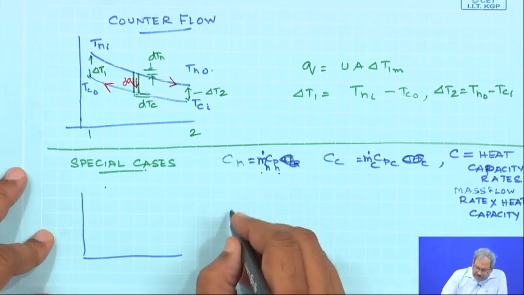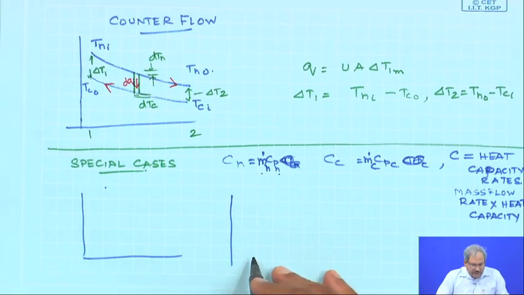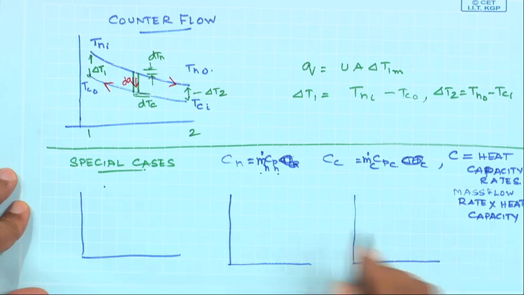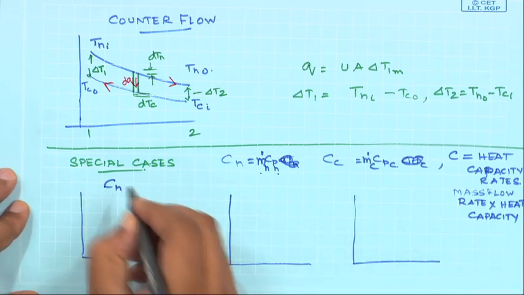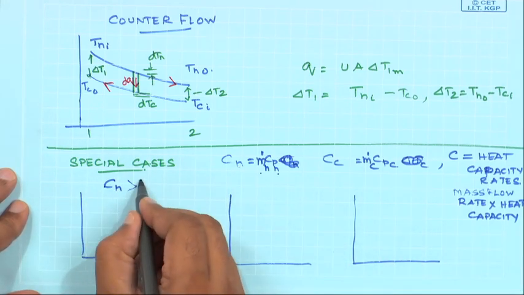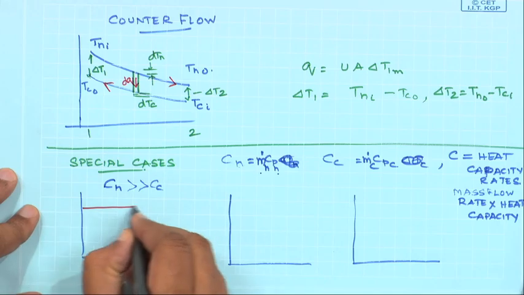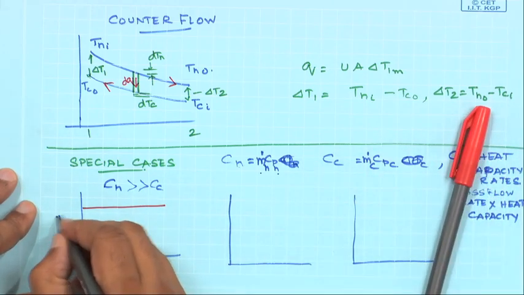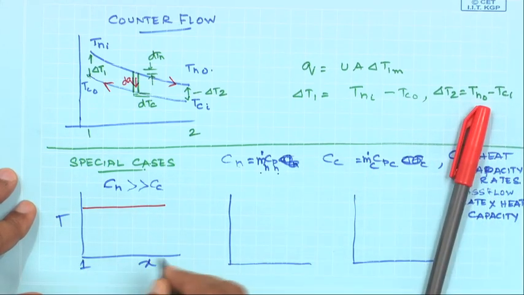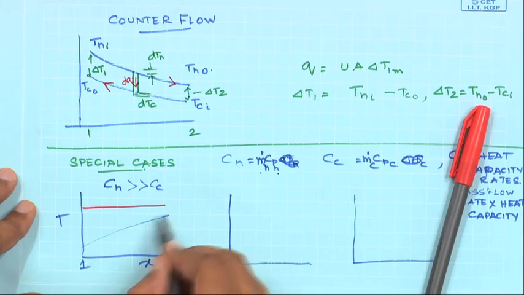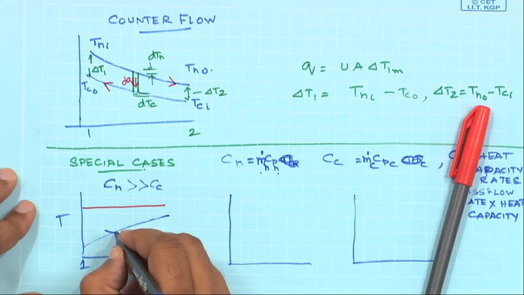Some of these special cases, in fact 3 of these special cases that we would examine here. The first case is C H, the capacity of the hot fluid, is very large as compared to the capacity of the cold fluid. In this case, these are all temperature as a function of x, location 1 at the inlet, location 2 at the outlet, and this is how the temperature profile would look like.